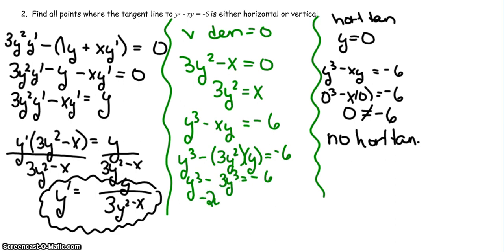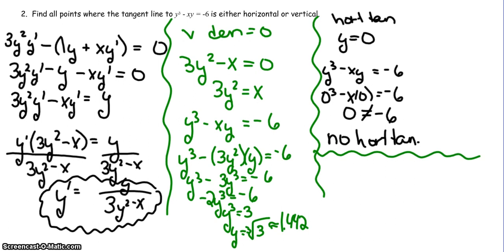So negative 2y cubed equals negative 6. So y cubed equals positive 3. Take the cube root and you'll have the cube root of 3, or we could say it's the decimal of 1.442. So there is the y value.